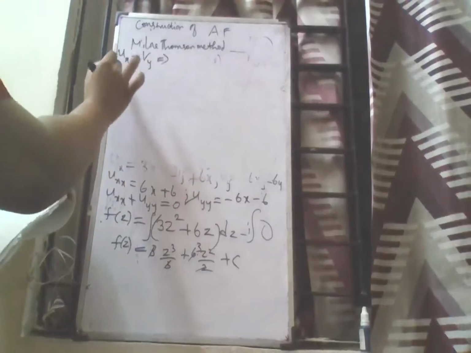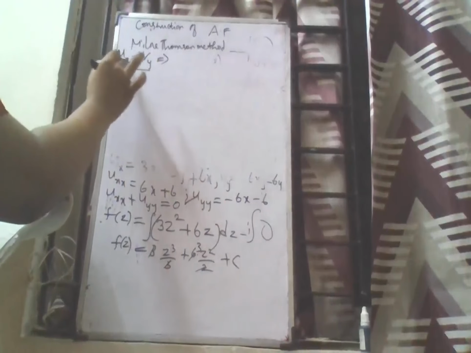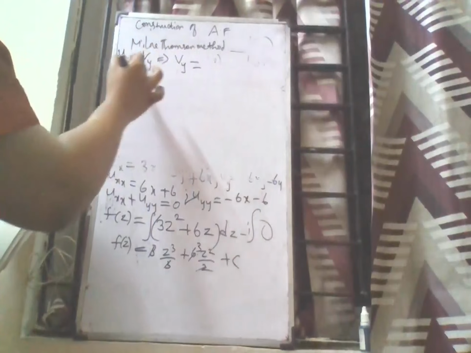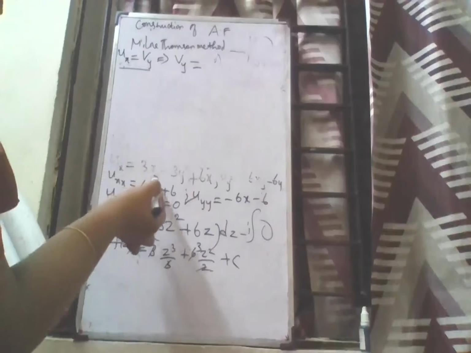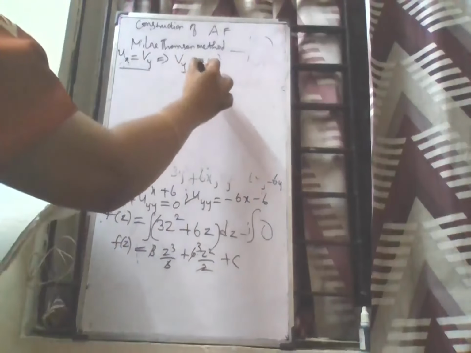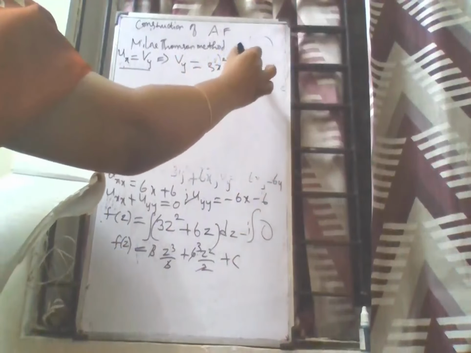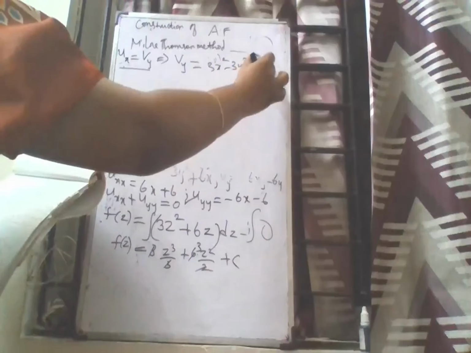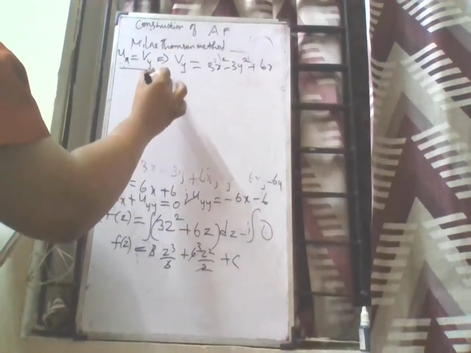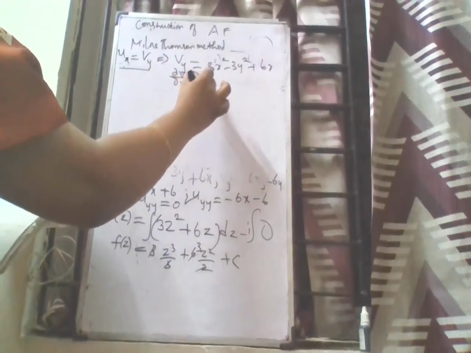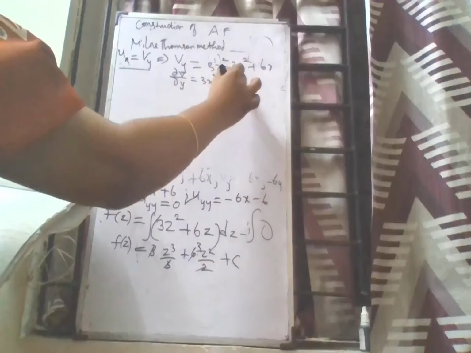Since f of z is analytic, by the CR equation vy will be equal to ux, which we found earlier: 3x square minus 3y square plus 6x. That is, dou v by dou y equals 3x square minus 3y square plus 6x.